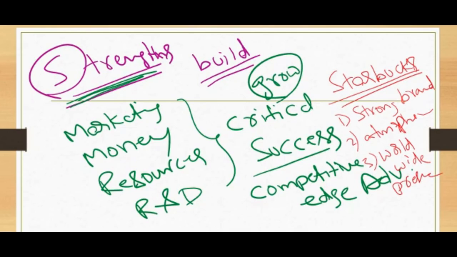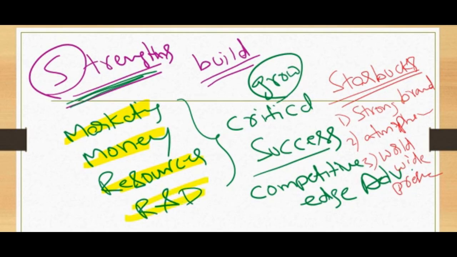So what we have seen is we need to list out the strengths of your company which you can utilize for success to reach your goal. Let's say marketing is a strength. You have a lot of money you can invest to get into the market. You have good resources you can utilize to produce better results.